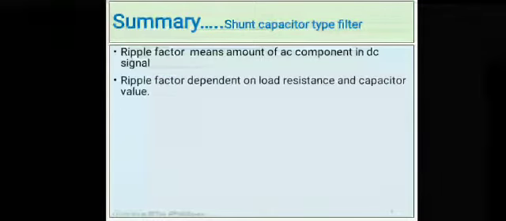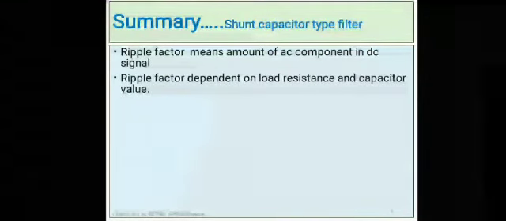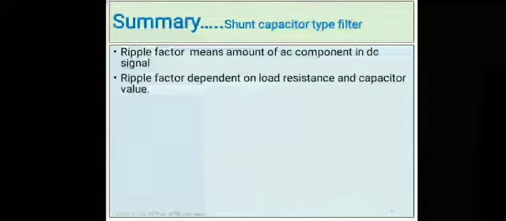Now we'll summarize the shunt capacitor type of filter. Ripple factor means the amount of AC component in the DC signal. Already we know it, but just for revision I have explained it here. Ripple factor in this case depends on the load resistance and the capacitor value also.